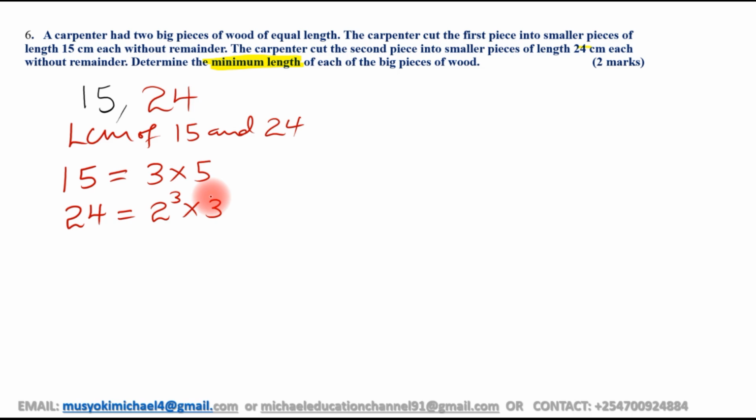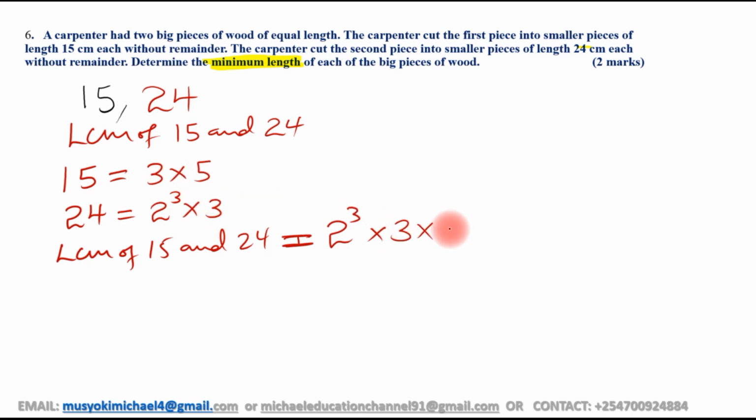Therefore, to get the LCM, we take the common factors with the highest power. So LCM of 15 and 24 will be 2 raised to power 3, times 3, times 5. If we multiply this, we shall get 120 centimeter.